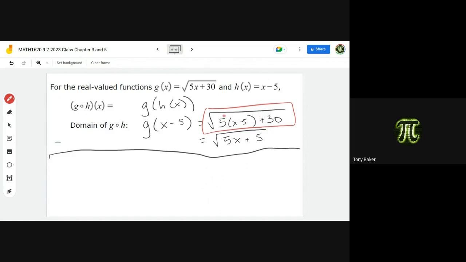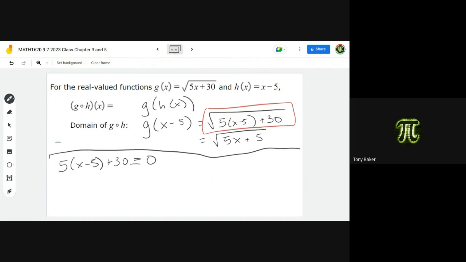So in this case, is there any domain restrictions for that? Yes, it's a square root, correct? And square roots can't be negative. So I've got to look for numbers that have to be greater than or equal to 0. So my domain restriction is going to be 5 parentheses x minus 5 plus 30 has to be greater than or equal to 0.